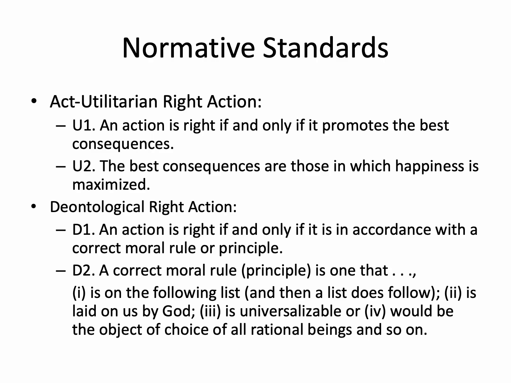Deontological right action: an action is right if and only if it is in accordance with the correct moral rule or principle. A correct moral rule or principle is one that, we have a couple of options here. First, is on the following list, and then we enumerate a list, or two, is laid down by God in the case of a divine command theory, or is universalizable in terms of the categorical imperative, or would be the object of the rational choice of all beings, and so on.